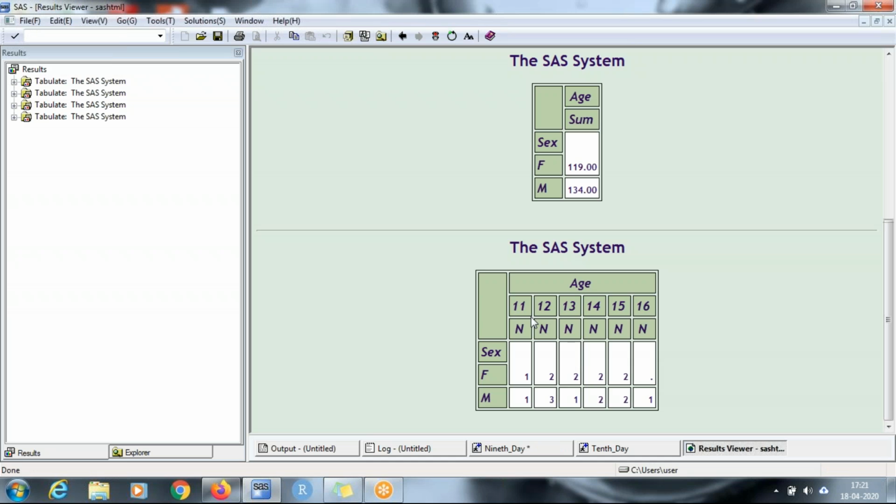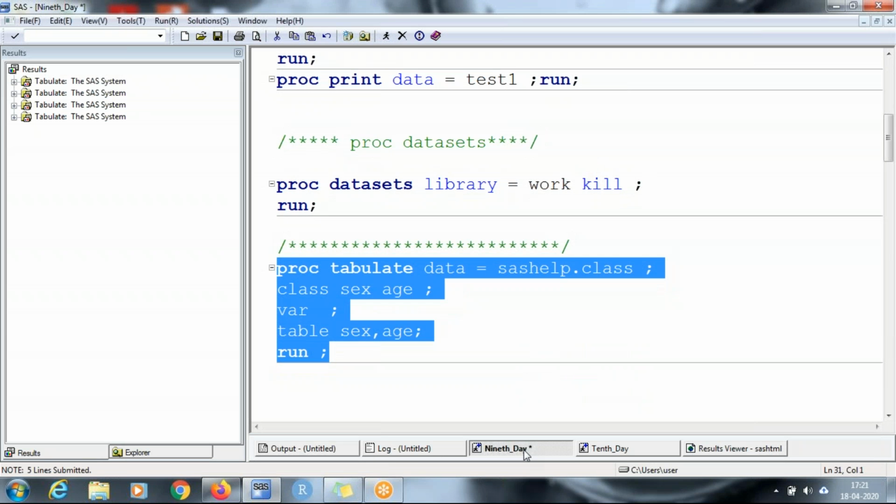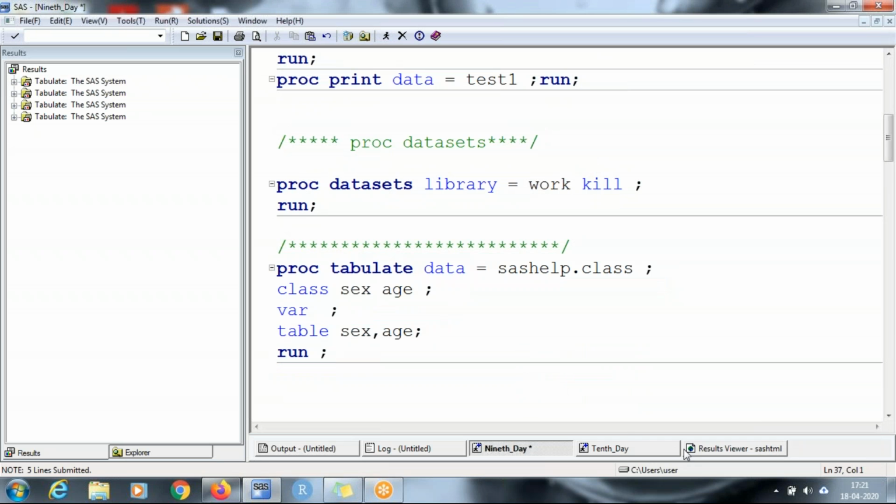So you will get a frequency table like this. Check the code and see the output. I'm giving you 2 minutes to practice writing this code at your end.